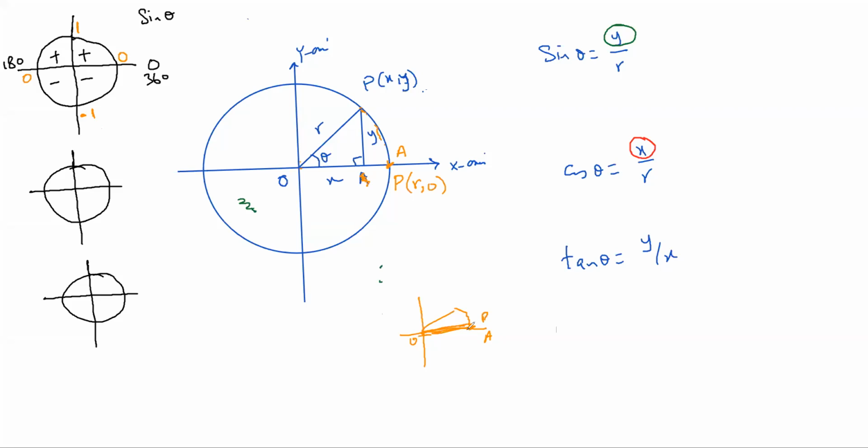Yes, 0 degrees. I have told you in the previous session as well, if your theta is 0 and you put your y, what is the y coordinate? Look at this y coordinate, that is 0. So that is why your sine 0 is 0.